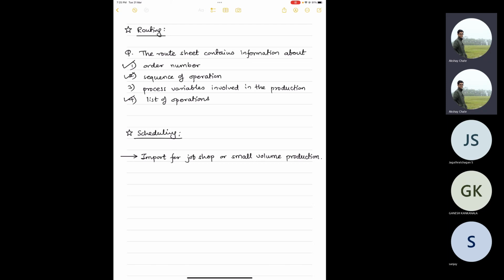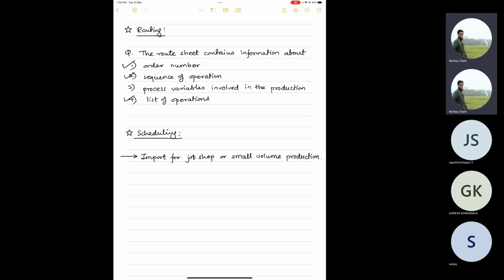Either you can go for a better machine or better resource, or you can redesign your line. There are different ways to tackle those things. But basically, the objective of line balancing in a mass production type of layout, or product layout, is to have minimum idle time on any of the machines involved. If you can achieve that, it will eventually result in your maximum capacity utilization.